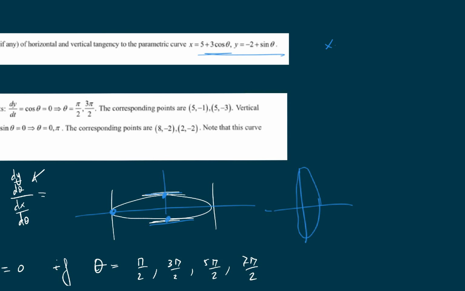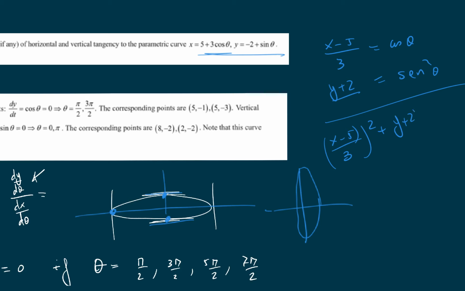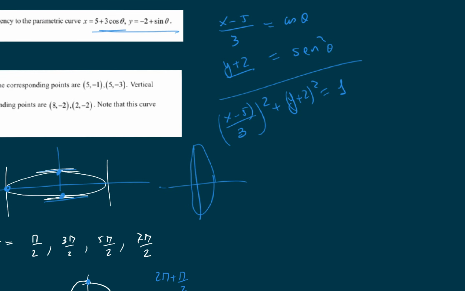So (x minus 5) divided by 3 equals cosine of theta, and y plus 2 equals sine of theta. If I square the first equation and sum them, ((x minus 5) divided by 3) squared plus (y plus 2) squared equals 1, so I found the ellipse.